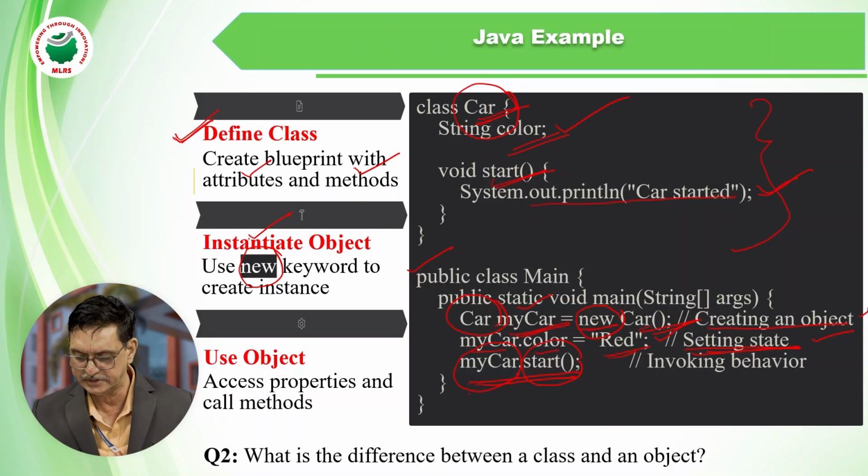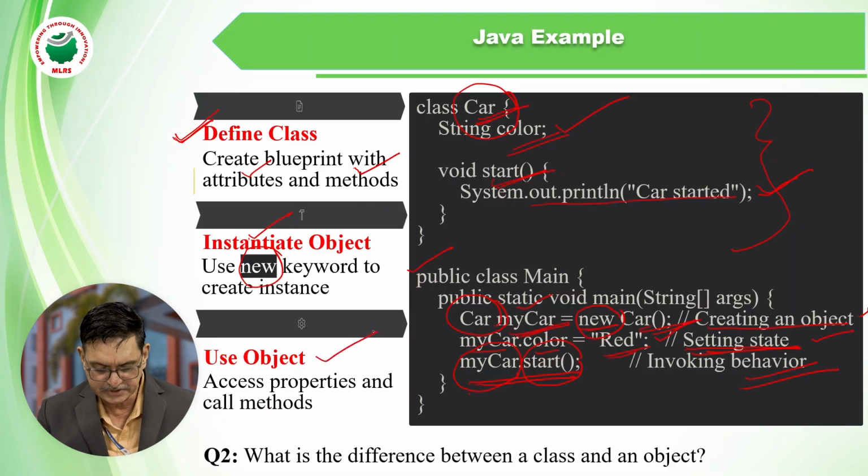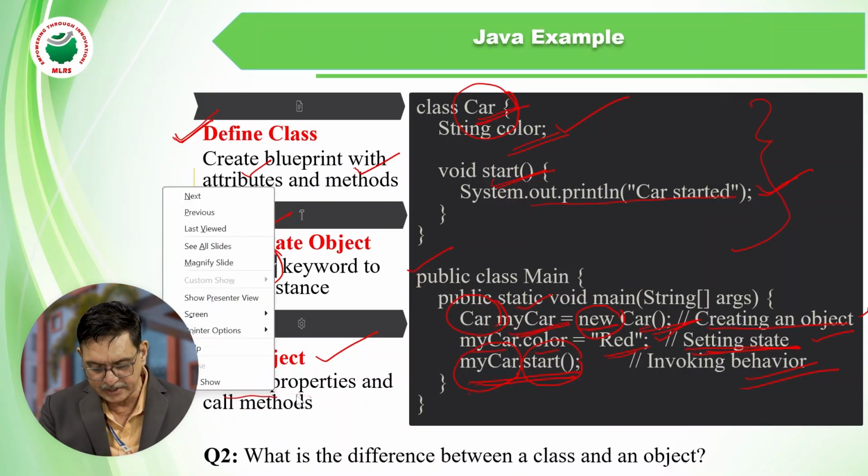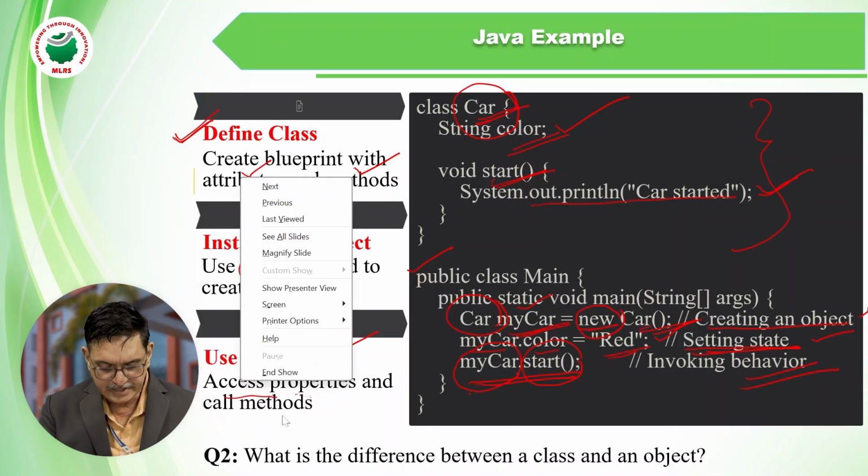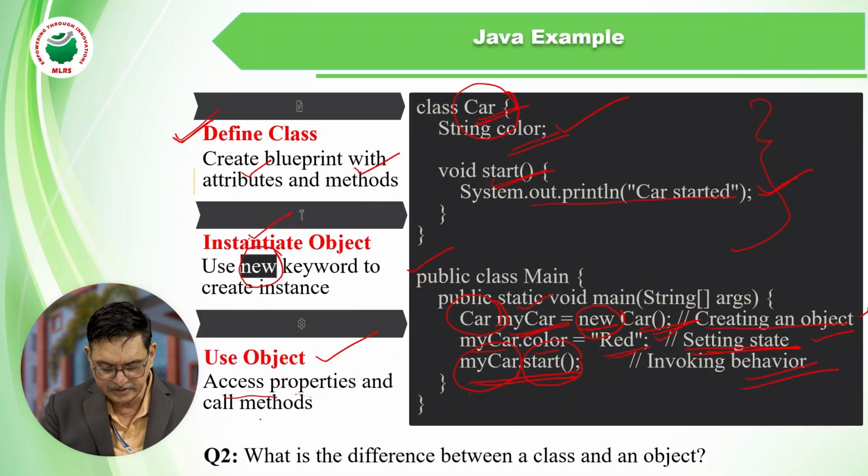Based on the object definition, the behavior takes place. So once you have defined the class and instantiated the object, you can utilize the object as per requirement. Whenever we utilize this object, the object will access the required properties and call the required methods.